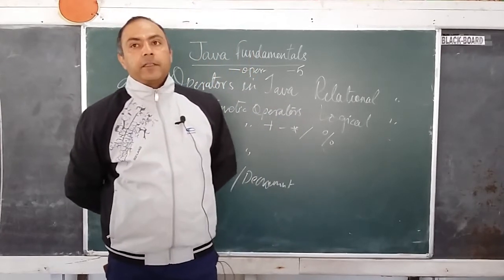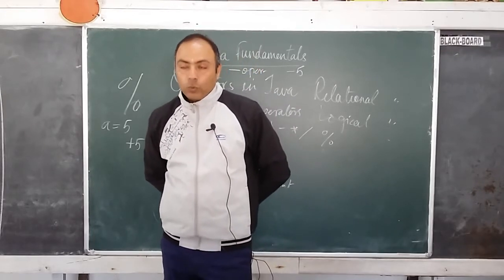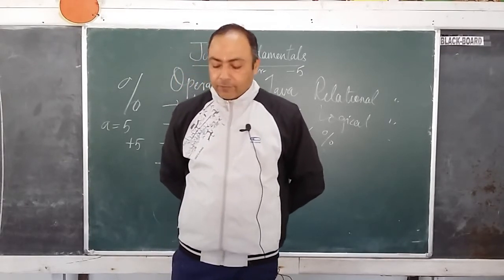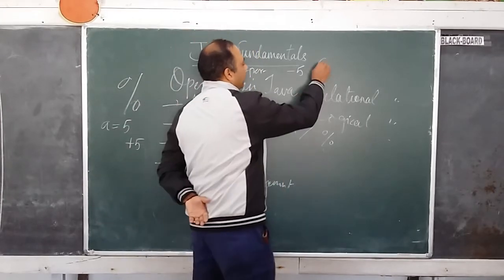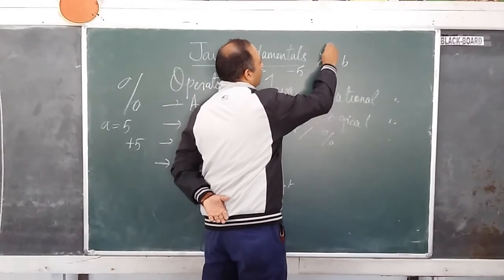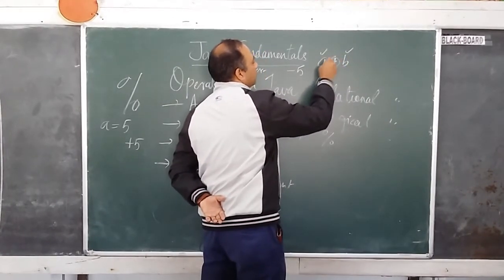Another type of operator is binary operators. Operators that act upon 2 operands are referred to as binary operators. So if I write a plus b, this is operand 1, this is the second operand, and plus is the operator used with 2 operands.